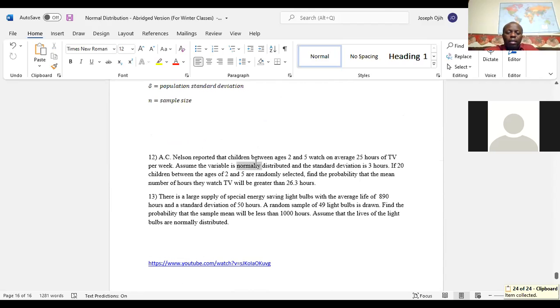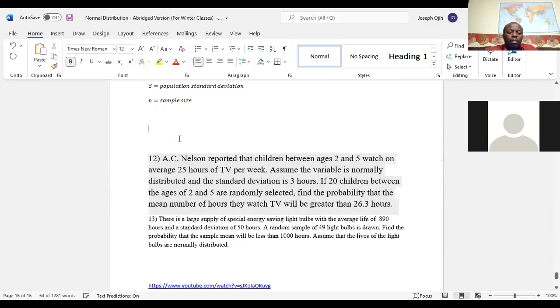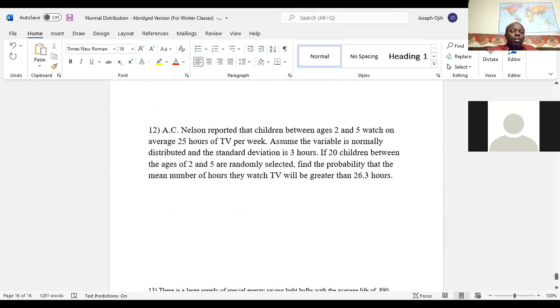It says here that Nielsen reported that children between 2 and 5 watched on average 25 hours of TV per week. Assume that the variable is normally distributed and the standard deviation is 3 hours.